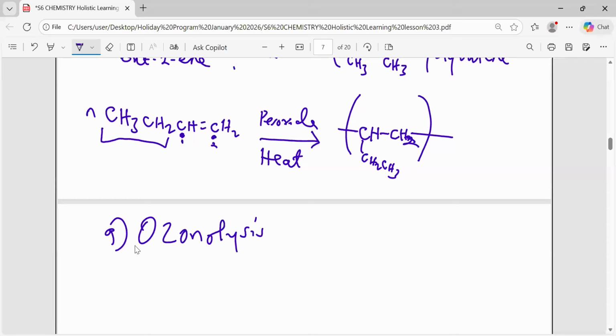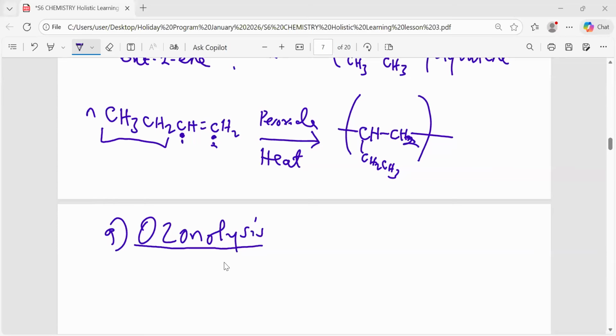According to me, the addition of oxygen. Which oxygen? You recall the word is ozonolysis. Jackson, can I have another person raise up the hand so that I work with Jackson and maybe another person? We move with two people.